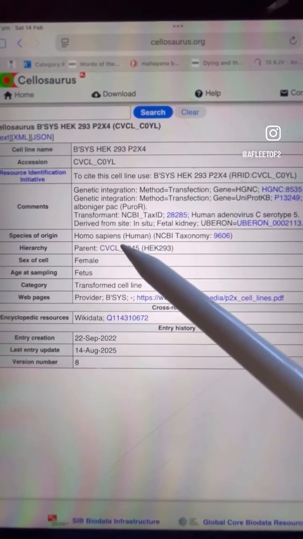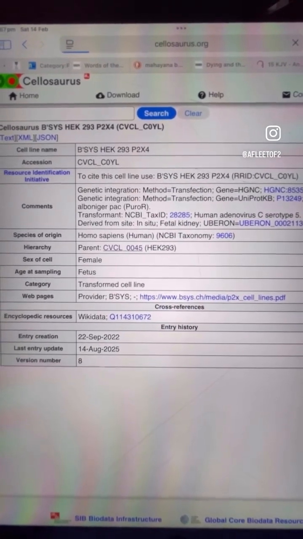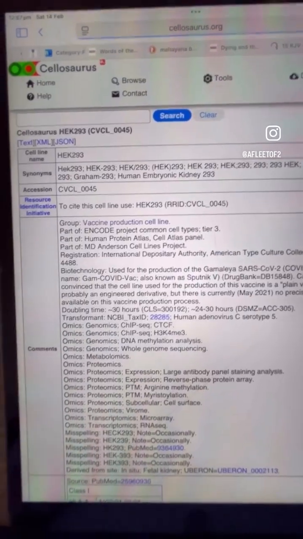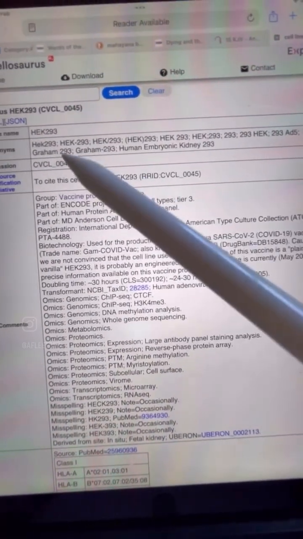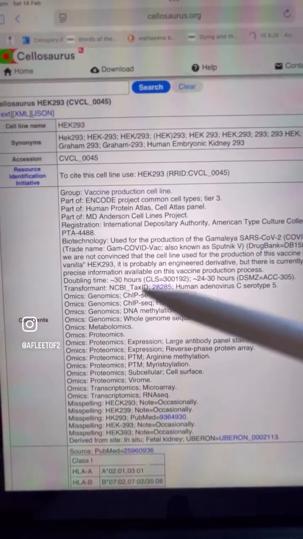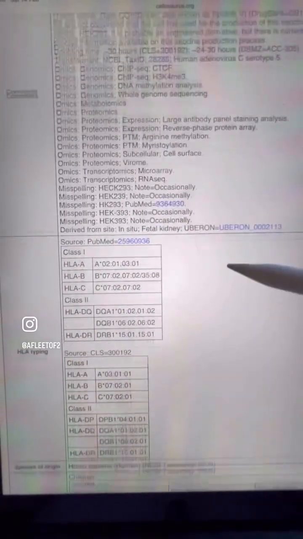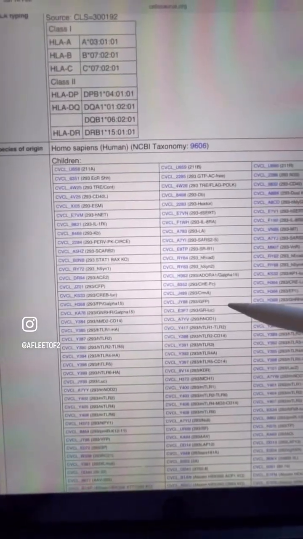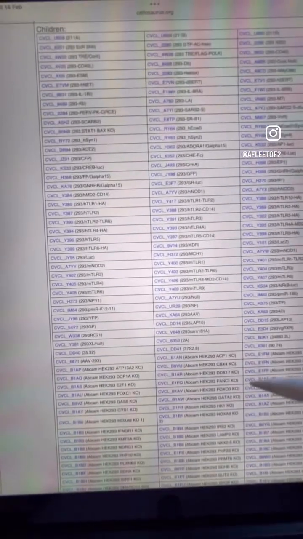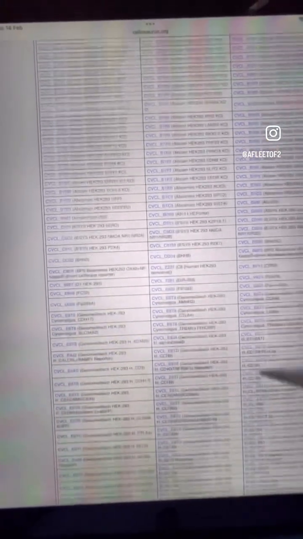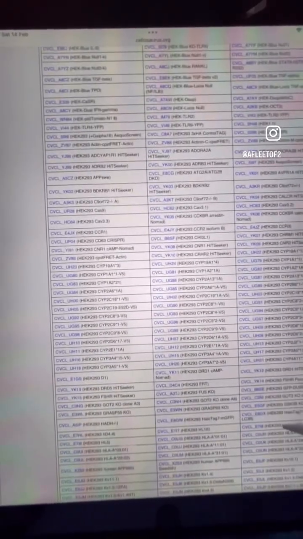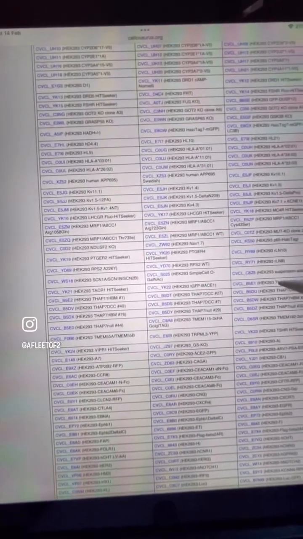So if I go into it, you get all these different names for HEC. Maybe these are all the many cell lines they created, all the many products from the HEC.